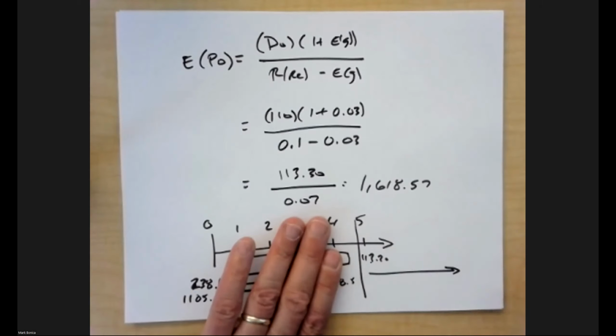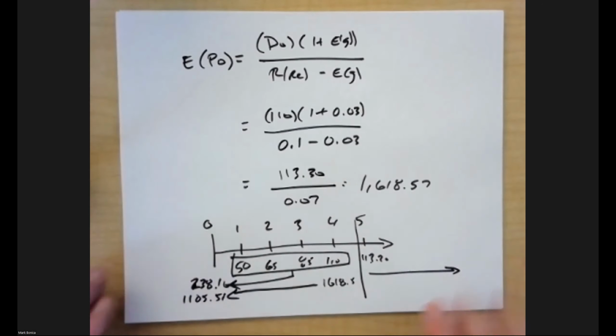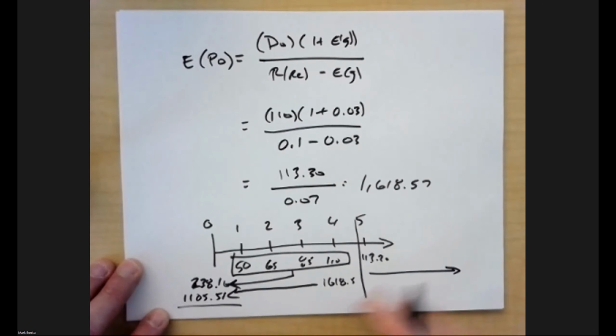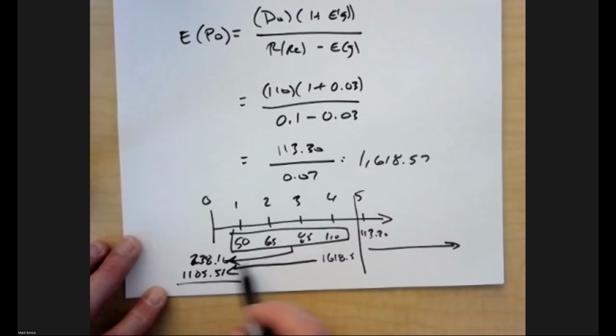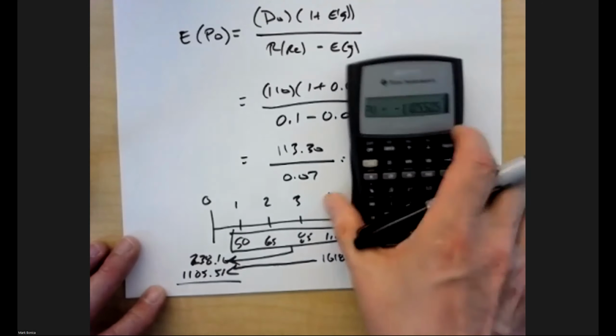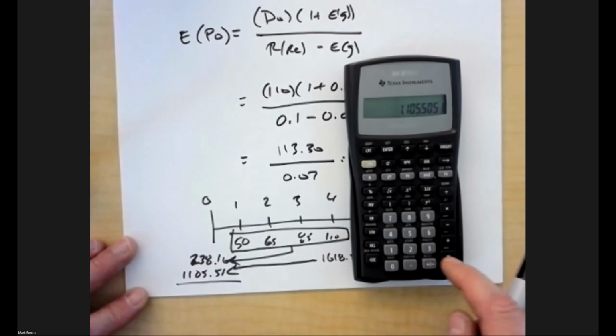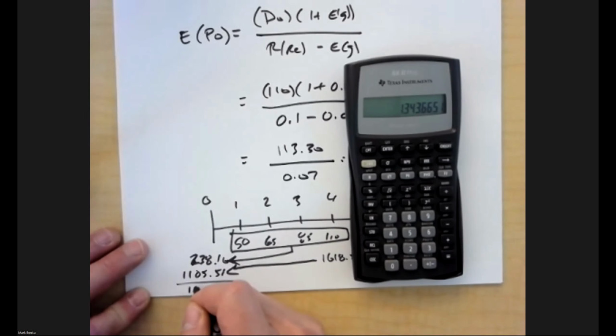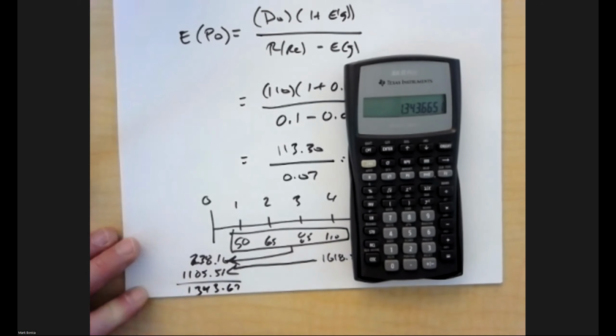That's the value of this portion of the cash flows. I'm going to add that to the value of the rapid growth phase, which is 238, and I get 1343.67.